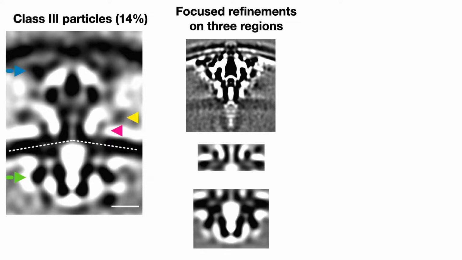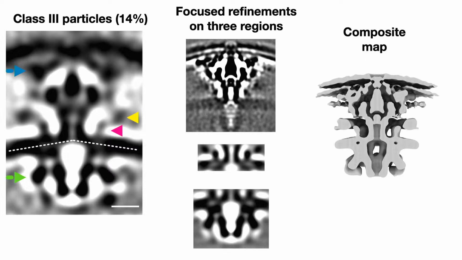And this corrected for basically flexibility in the particles so that we could get the most data out of each region. And then we combined them into a composite map that maybe very few particles actually look exactly like this because they're flexible, but nevertheless, it's our best representation of each region.